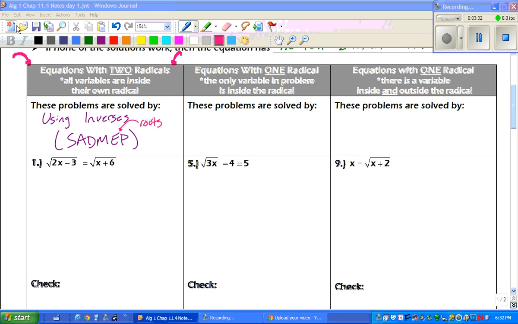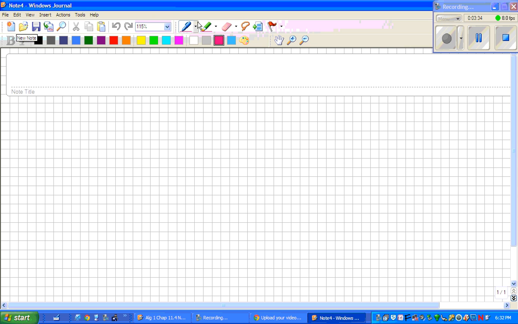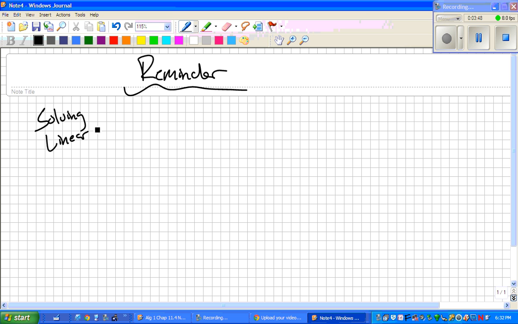All right, so let's talk about a little reminder right here. When we are solving linear equations, we use SADMAP.